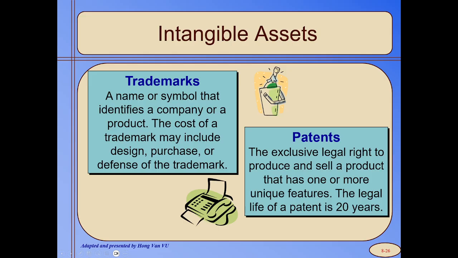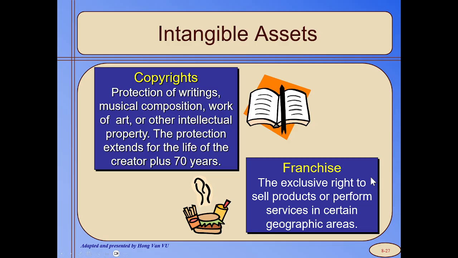In many countries, we find wholesale reproduction of computer software, music and film. A copyright protects the right of a creator of intellectual property for an extended period of time. In the United States, protection extends for the life of the creator plus 70 years.